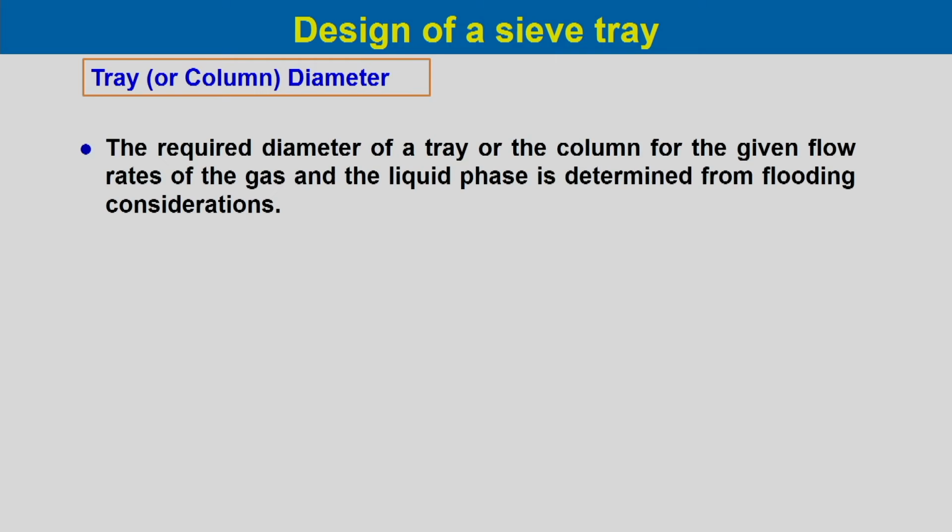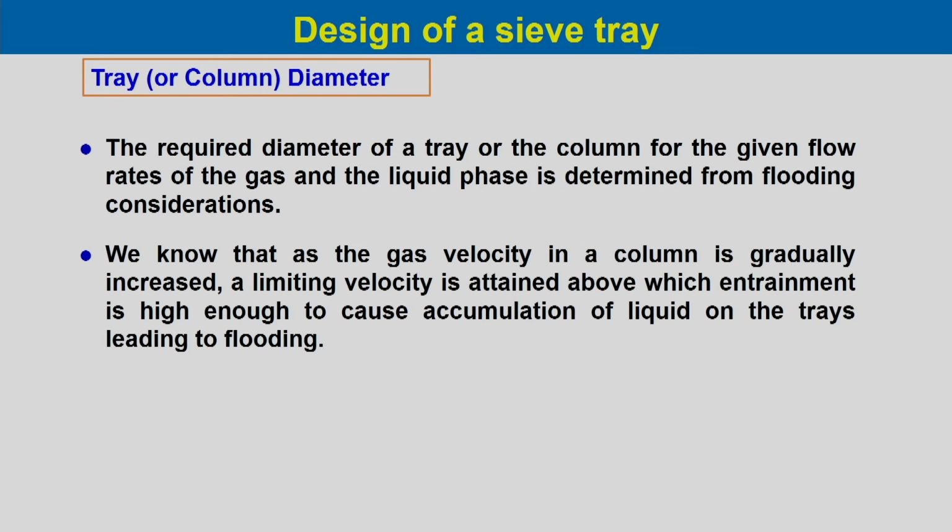Tray or column diameter: the required diameter of a tray column for given flow rates of the gas and the liquid phase is determined from the flooding conditions. We know that the gas velocity in a column is gradually increased. So, if we increase the gas velocity in a column, there is a limiting velocity above which entrainment is high enough to cause accumulation of liquid on the trays, leading to flooding.